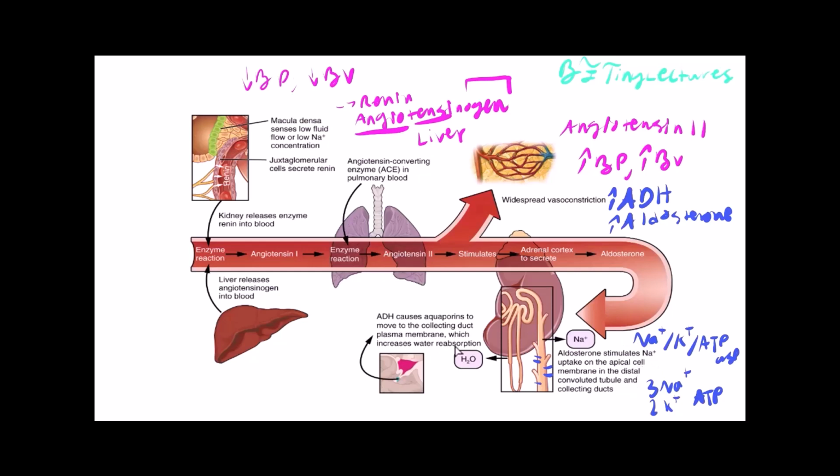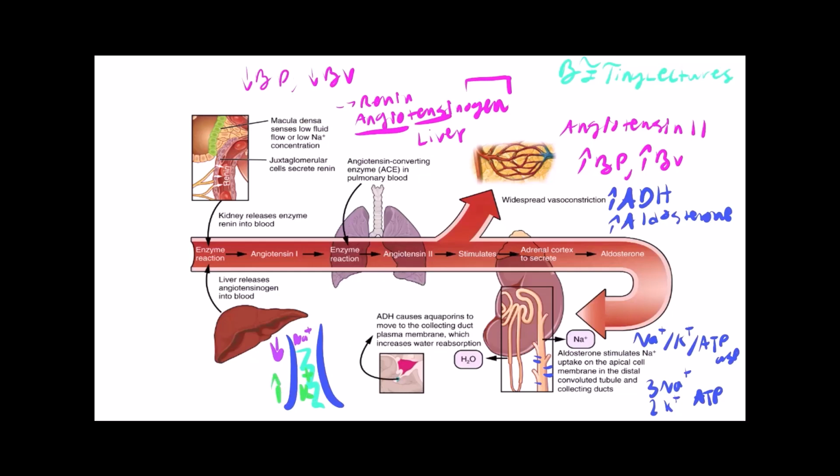And as we can see, this is the collecting duct. The amount of sodium will decrease inside the collecting duct, and remember that the collecting duct is just the urine, and the amount of potassium inside the collecting duct is going to increase.